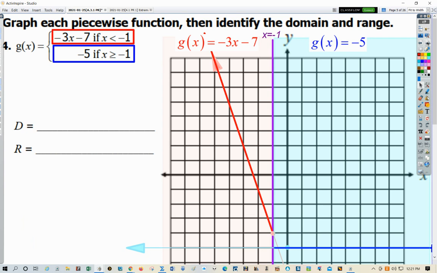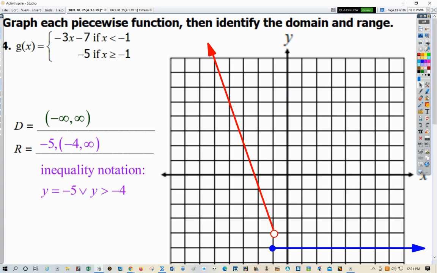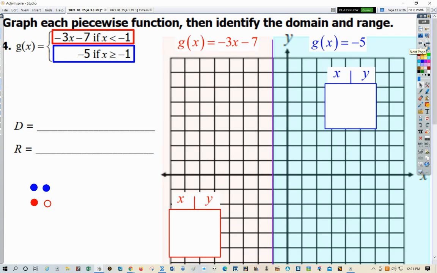Why wouldn't we maybe just do something like this instead? What if we want to only graph the red piece of the piecewise function in the red domain? Let's just skip the part where we graph the entire line and then just erase the parts that don't exist in the red domain. Well, we could do that with a t-table, right?